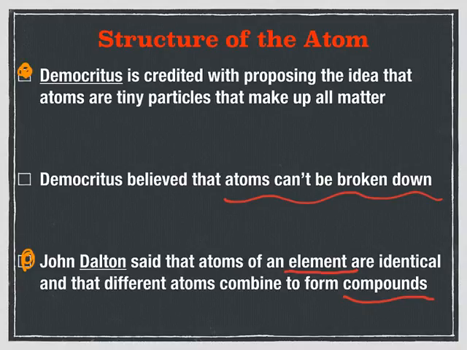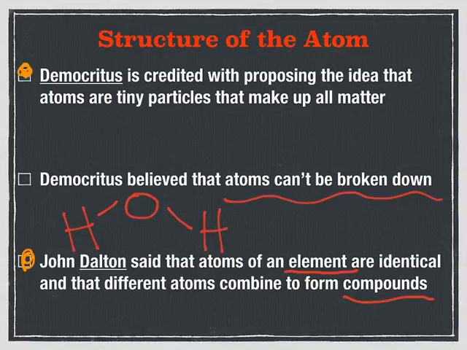They still have a definite composition. So the example that we gave was water. Water can be considered a compound. It has one oxygen atom and two hydrogen atoms. All water molecules will always have that exact composition, so it's a compound.